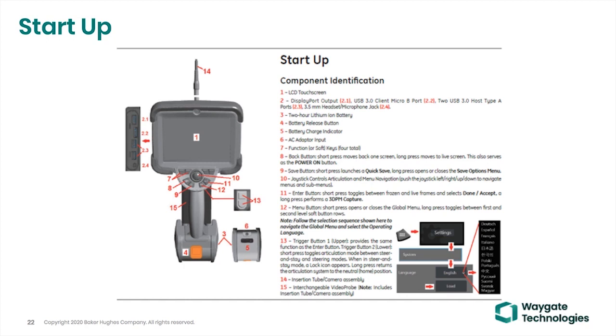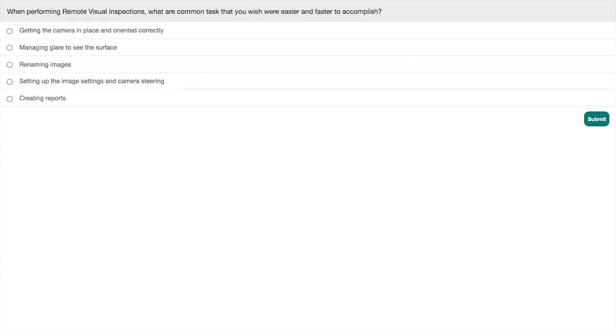First, I'd like to ask you another question. When you're performing remote visual inspections, what are the common tasks that you wish were easier and that you wish were faster? We use this kind of feedback to help us think about what we do on the next great product, and whether we include something that makes your job or your task easier. If you'll just click on the poll questions for that, I would appreciate it.